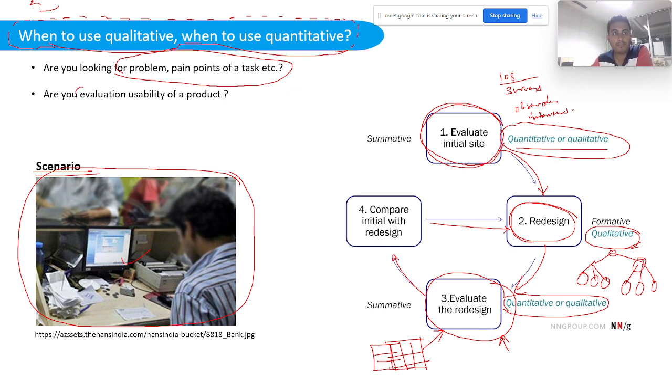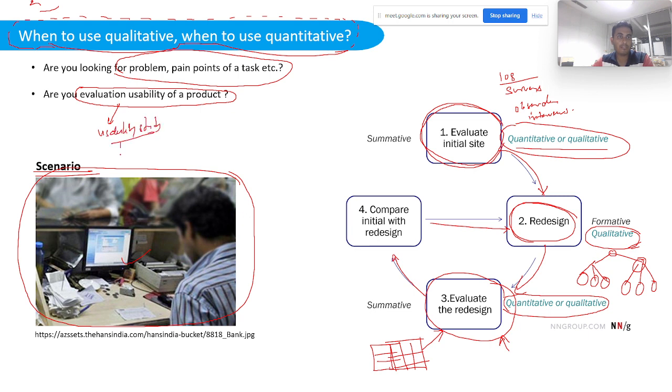But if you do evaluation, this can be both qualitative and quantitative. So if you go for evaluation, it can be a usability study.